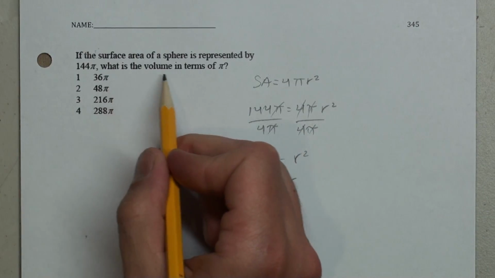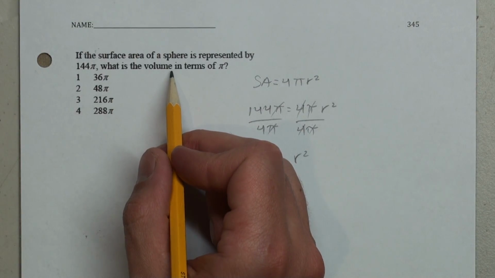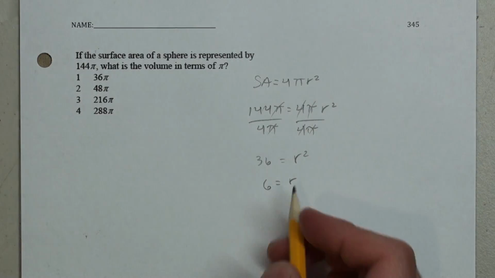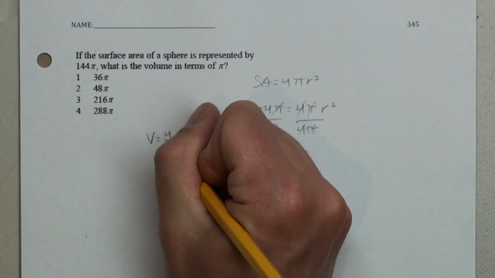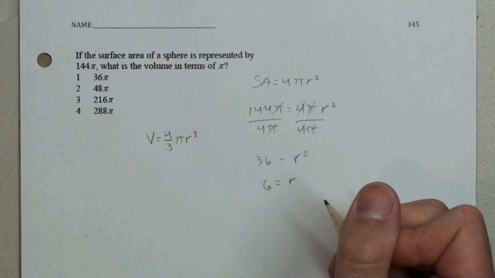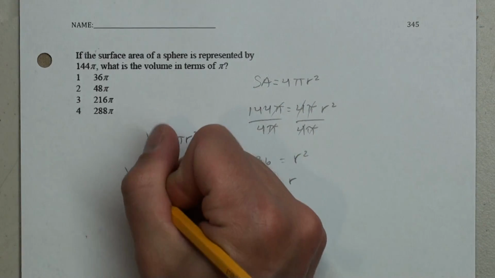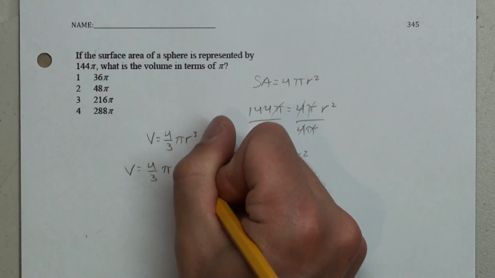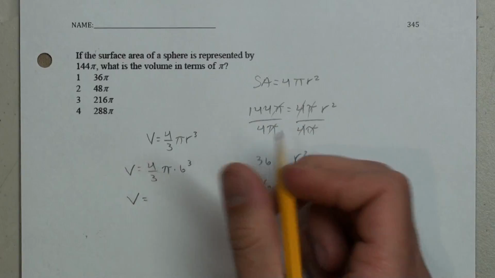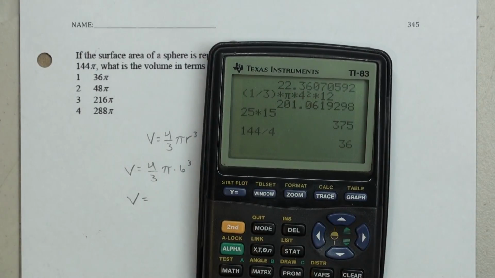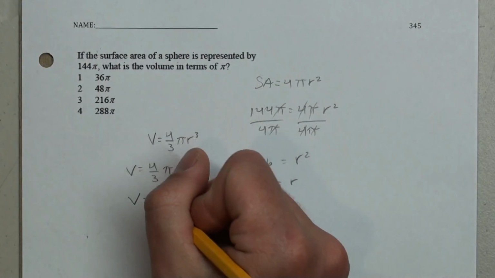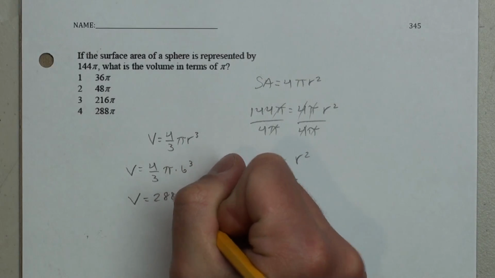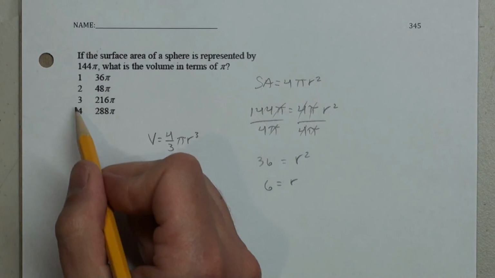Is that what they wanted? Oh, so I found R. Now the volume is 4/3 pi r cubed. Let me just check that. Yep. So volume is 4/3 pi times 6 cubed. So the volume, if I do 4/3 times 6 cubed, I get 288, so it's 288 pi. That's choice 4.